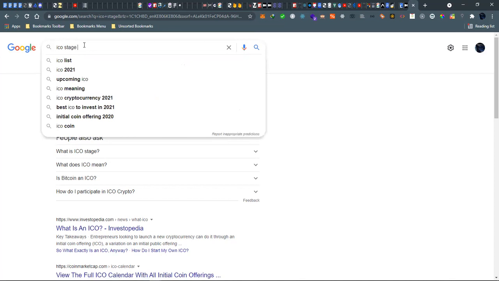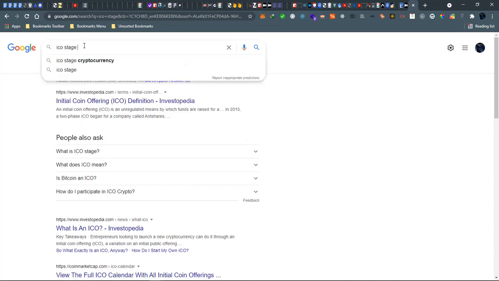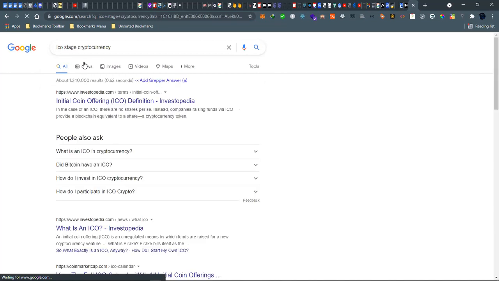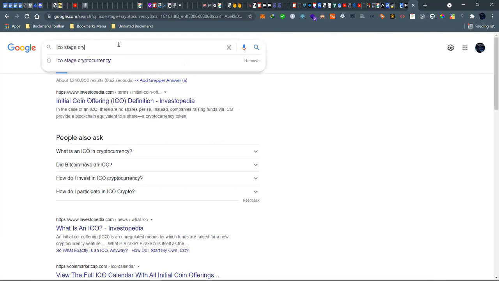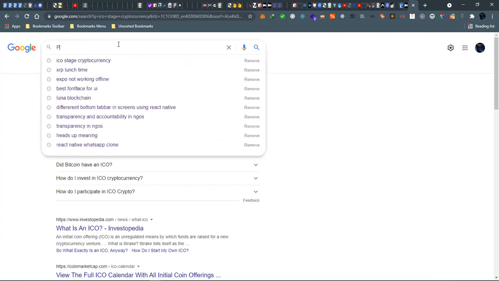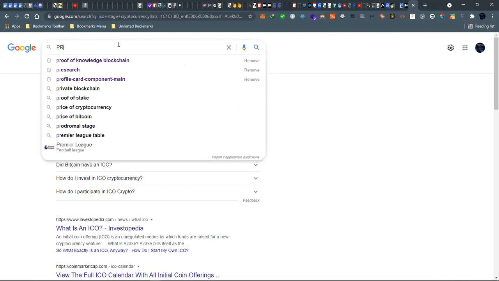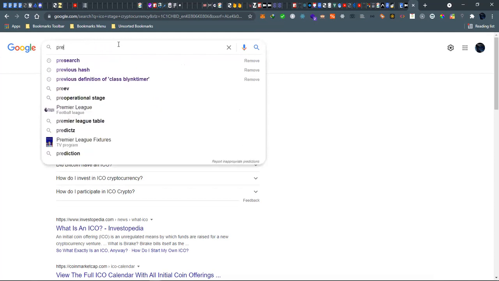So there are like three types of stages. The first one is the pre-sale.